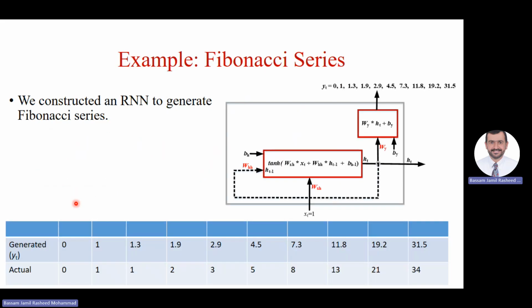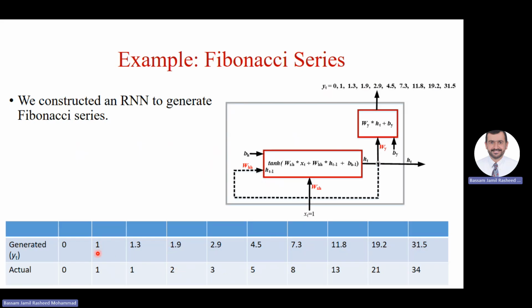Let's take an example where we want to generate a Fibonacci series. What we did, we trained a network on a Fibonacci series, right? I'm not going to go through the details. We trained it on this series 0, 1, 1, 2, 3, 5, etc. Then we gave it an input 1, so that it will continue the rest of the series.